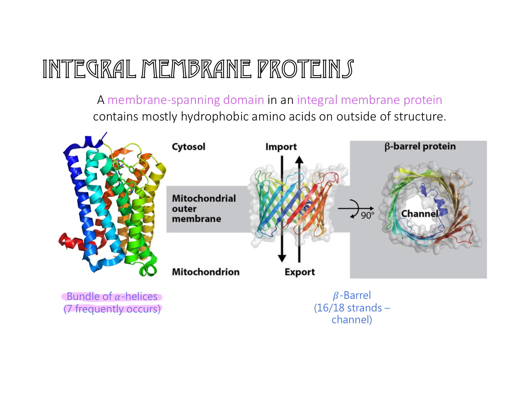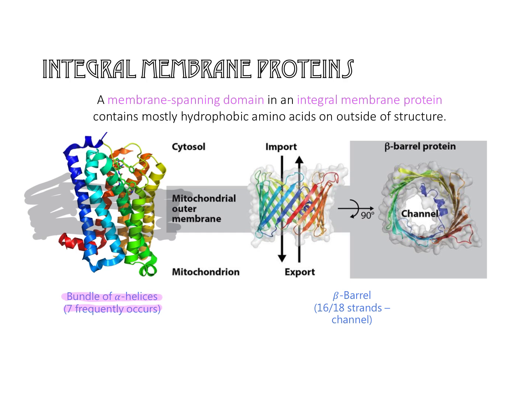So if I looked at this integral membrane protein, the part that spans inside of the membrane, and the membrane here is supposed to be colored gray, so you can imagine that the membrane is here.